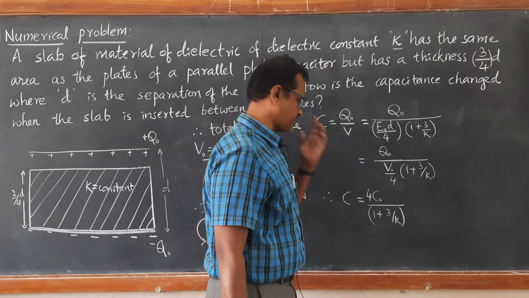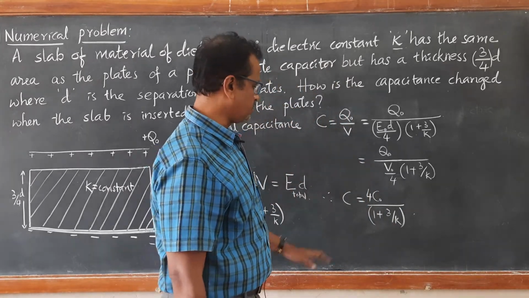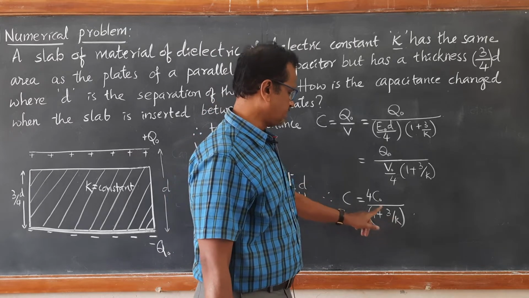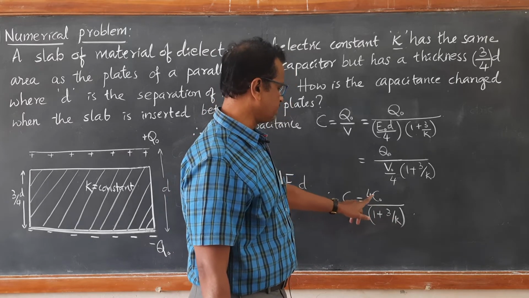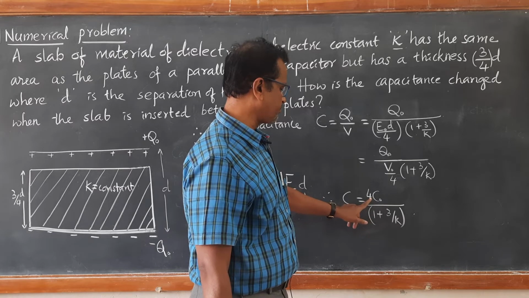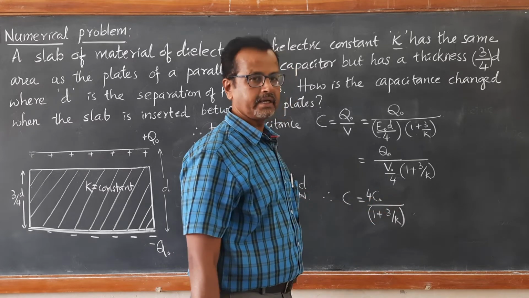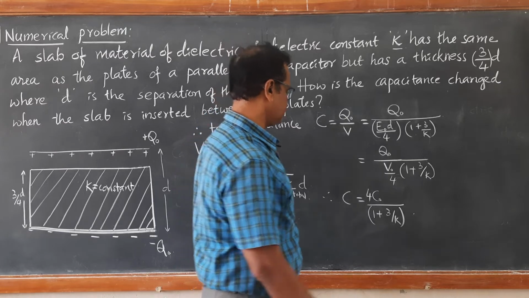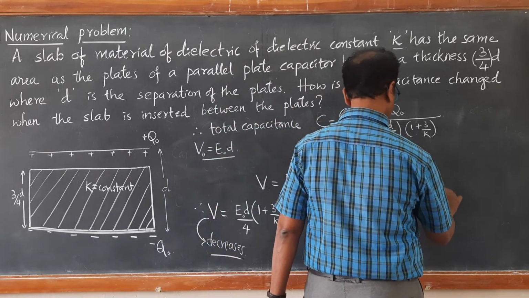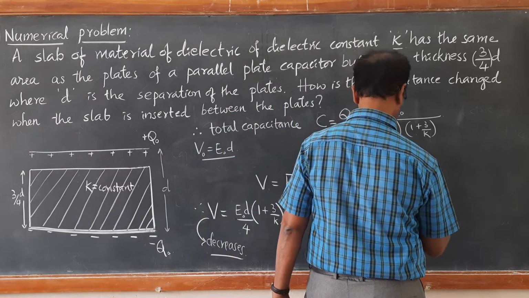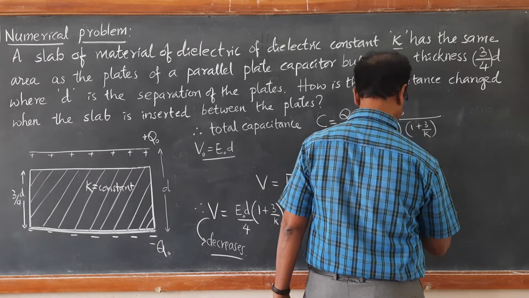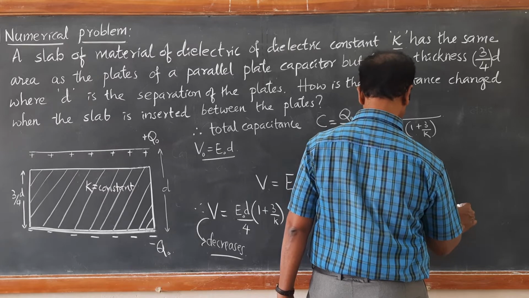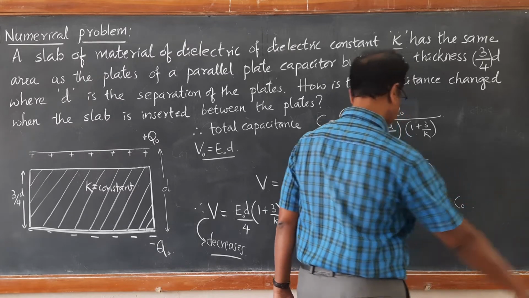This is how we get the result. So you can see the capacitance increases by a factor of 4 by 1 plus 3 by k, or you can simplify this to 4k divided by k plus 3, into C naught.